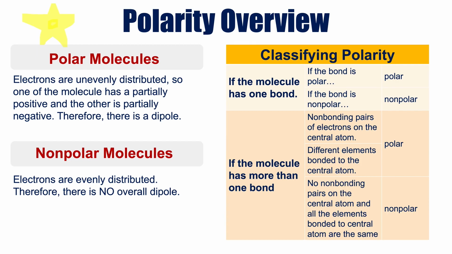But if the molecule has more than one bond, you have to look at the Lewis structure in order to classify polarity. If there's non-bonding pairs on the central atom, polar molecule. Different elements bonded to the central atom, polar molecule. But if there's no non-bonding pairs on the central atom and all of the elements bonded to the central atom are the same, that's going to be a nonpolar molecule.